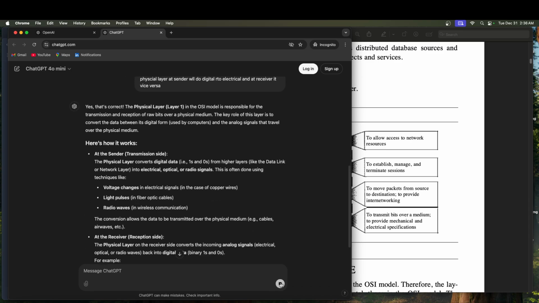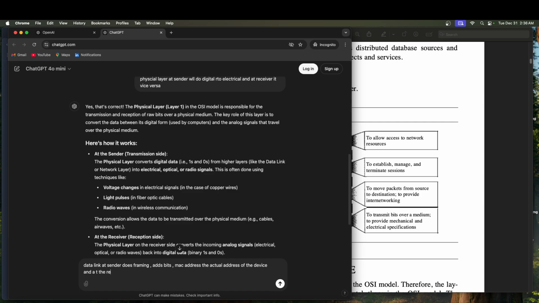Okay, this is correct. Then we go to the data link. At the sender, it does framing, adds bits, and the physical MAC addressing on the device.